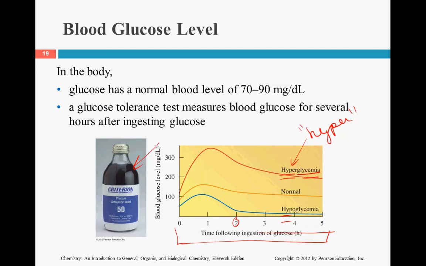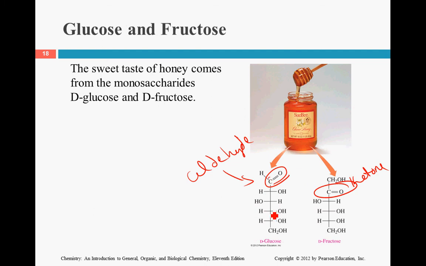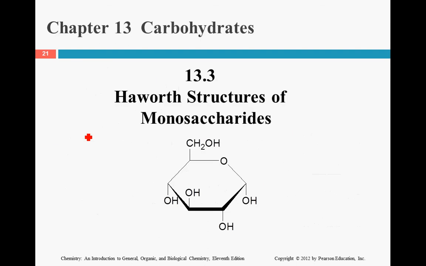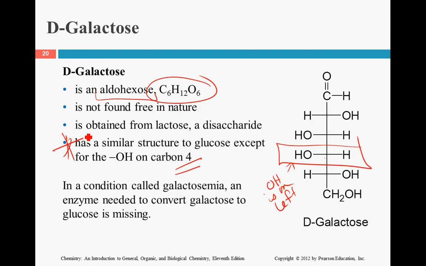However, for glucose, 1, 2, 3, 4, the OH is on the right. That's the only difference between these two compounds, but it's a very big difference. Pay attention to the 4th carbon every single time to determine if it's galactose or glucose. That's the end of the introduction to monosaccharides, and we're going to talk more about this 4th carbon in the upcoming sections.